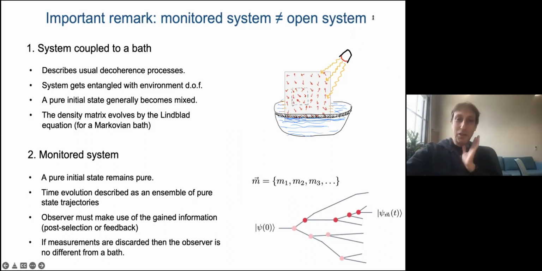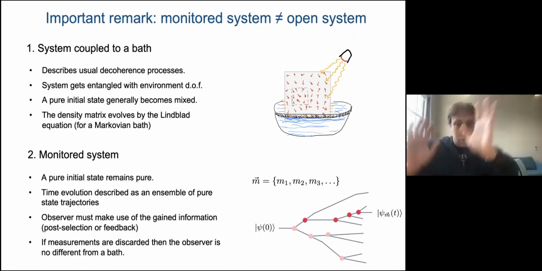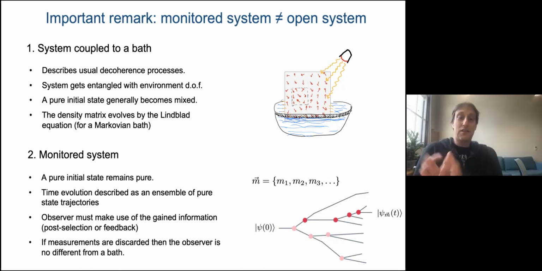So I don't know it. I'm not formulating anything so far. I'm just defining the problem. I didn't give a formulation of how to treat it. The physical setup is we have measurements and we're able to act based on the measurement outcomes that we get. It doesn't matter that we're conscious.